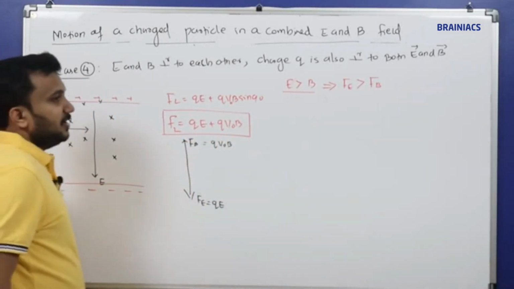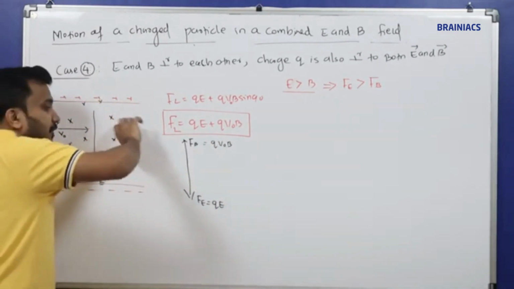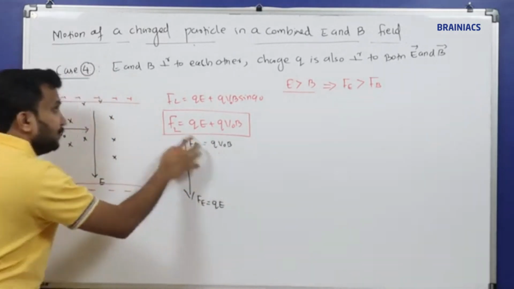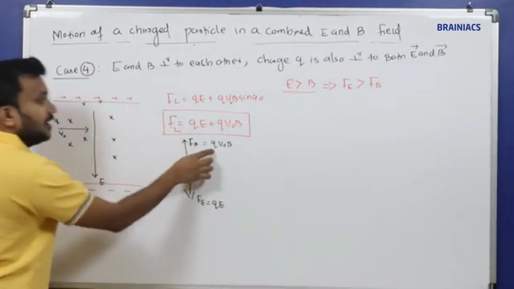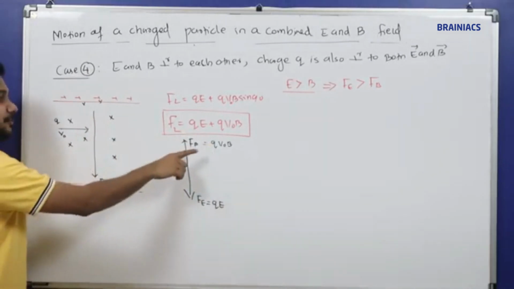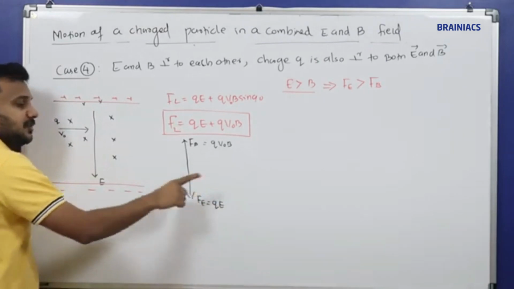Somebody is pulling the incoming charge downward with more strength than the upward force, because the electric field is higher.